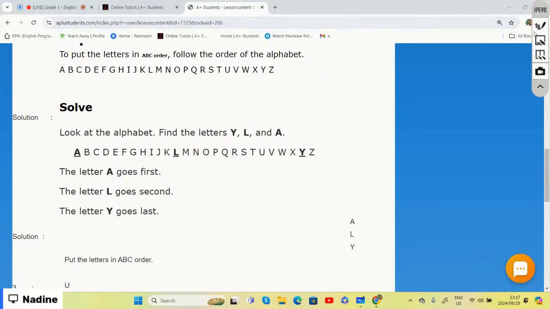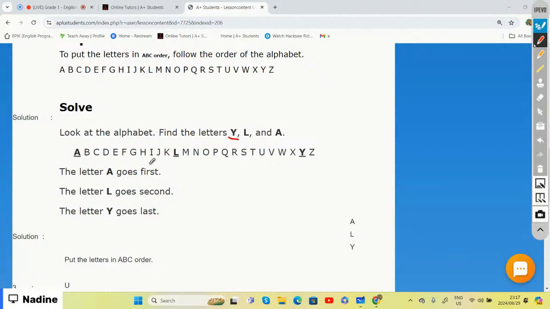The next one is we have to find Y, find L, and find A. All right, so if we were to find the letters here, we have Y right in the back.